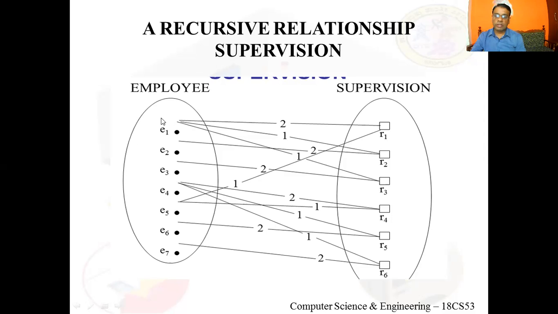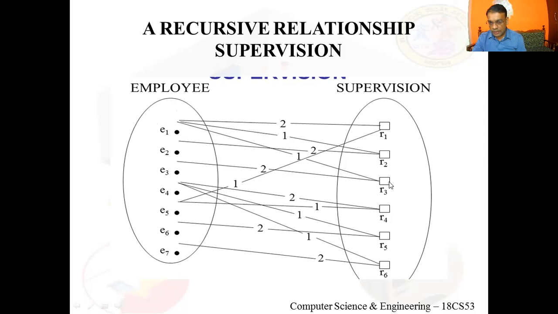Or else the first role played by employee entity type is manager, the second role is subordinate. Now for example, 1 indicates supervisor, 2 indicates subordinate. You can see here E1 is a manager for E2, and 2 means subordinate.